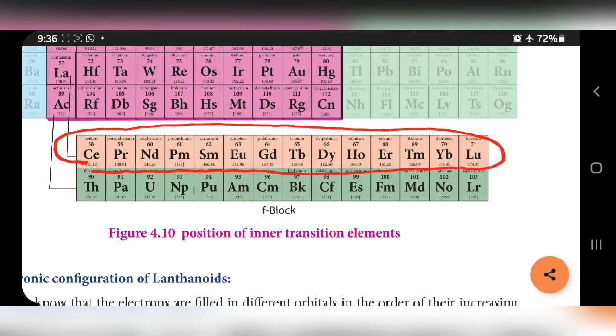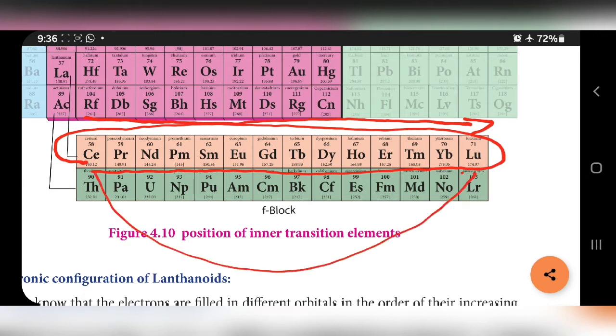As we move across the 4f series, that means moving from cerium to lutetium, atomic and ionic radii of lanthanides show a gradual decrease. So radius gradually decreases with increase in atomic number. This decrease in the ionic size is called lanthanoid contraction.